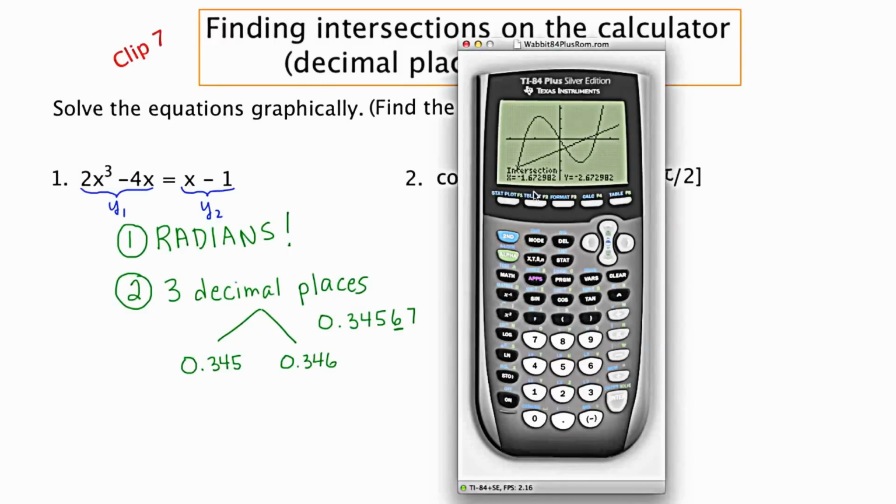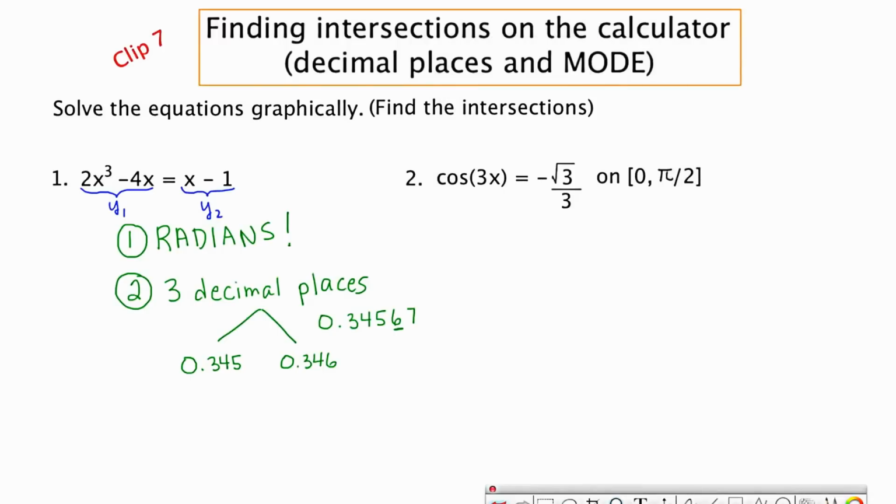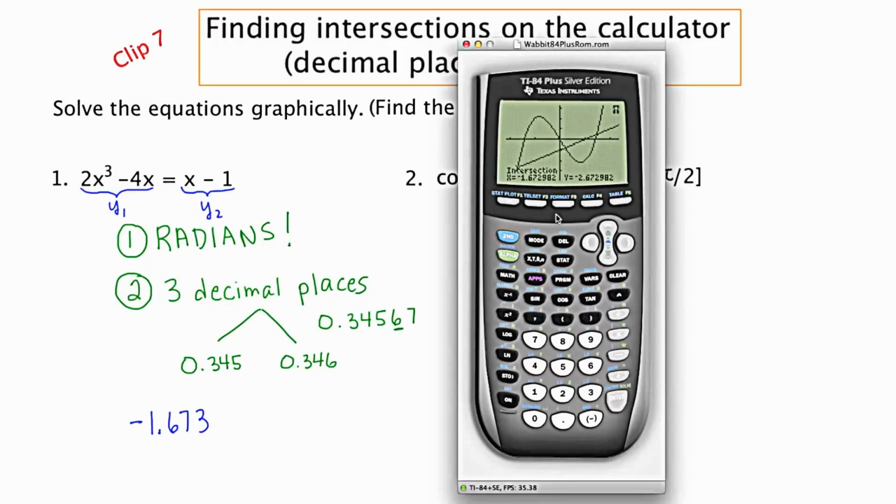Now, even though they give us an ordered pair, all I'm really concerned about is the x value, and that is negative 1.672 or 3. It doesn't matter. So I'm going to go over here, negative 1.673. Now let me call the calculator back up, and I'm going to do the same thing again, second trace 5, and now I'm going to go to the one in the middle.